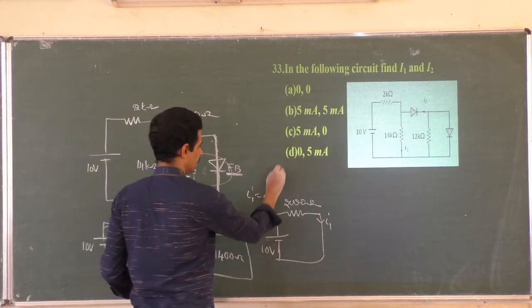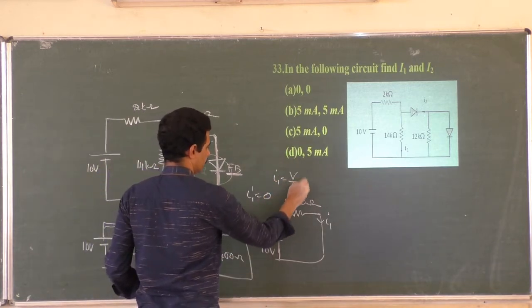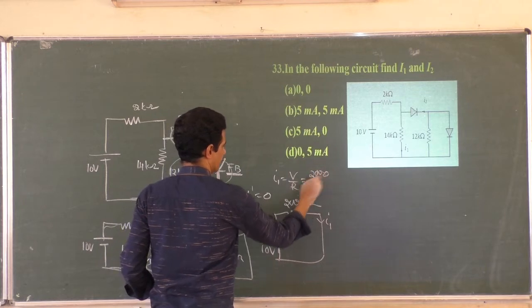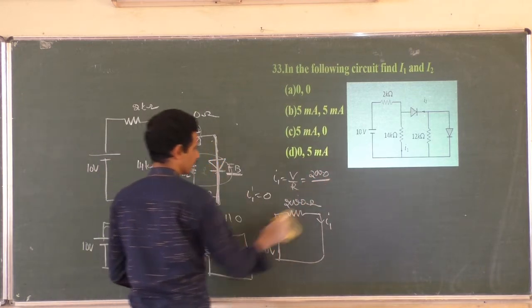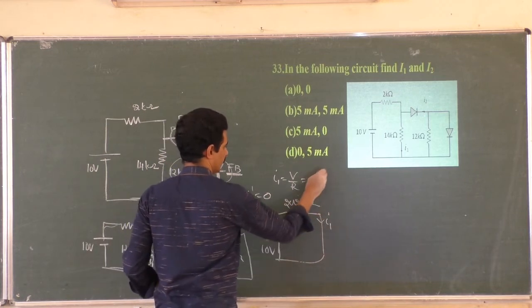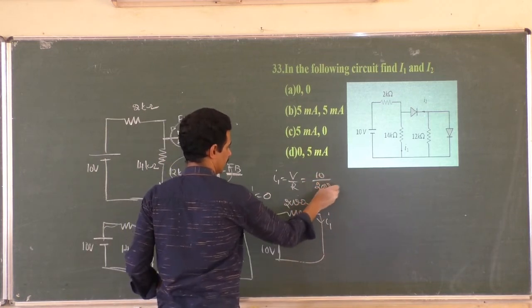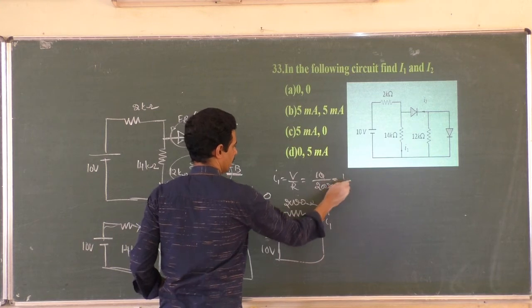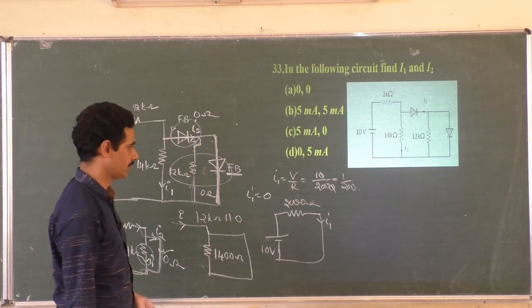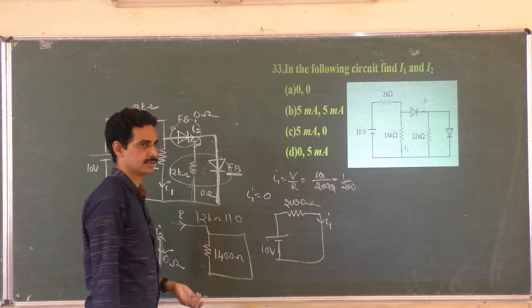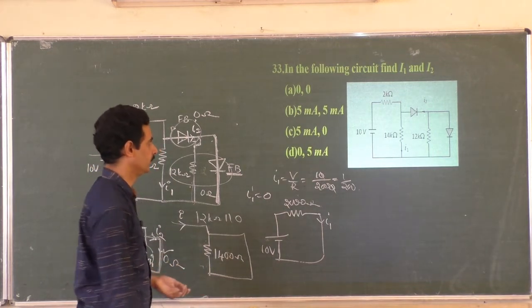I is equal to V by R. V is 10 volt, R is 2000. 10 volt by 2000, the 0 cancels. 1 by 200. 1 by 2 is 0.5, 1 by 20 is 0.05, 1 by 200 is 0.005.